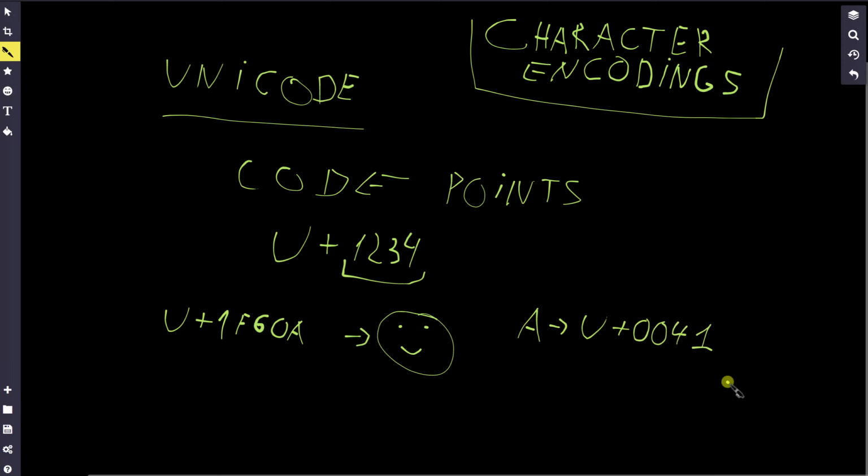But wait, in the beginning of this tutorial, we have already learned that in ASCII, the letter A is encoded as 65. Right. So does it mean that the Unicode standard is incompatible with ASCII? Well, not quite, because once again this is a hexadecimal number, and if you convert it to decimal, you will get 65 as well.